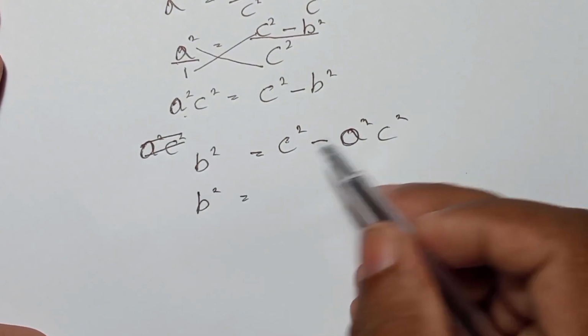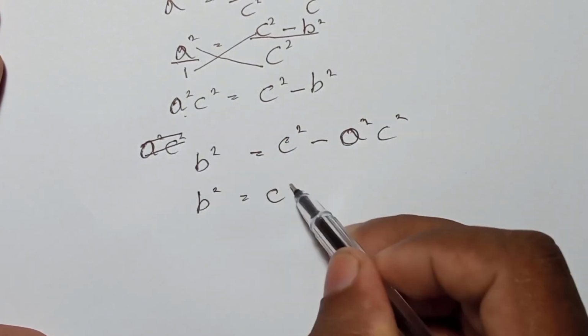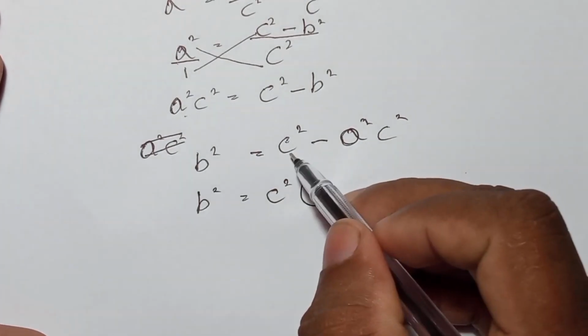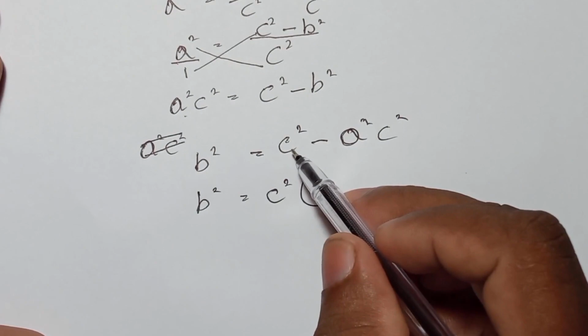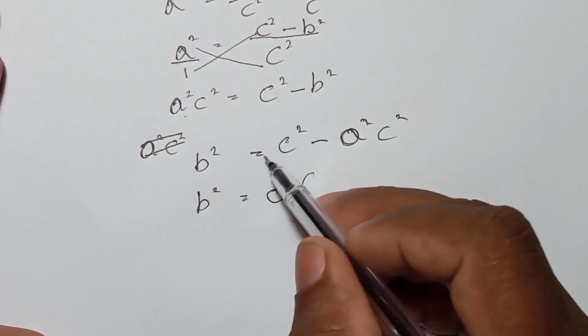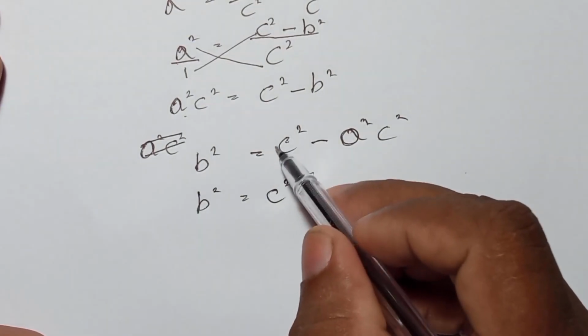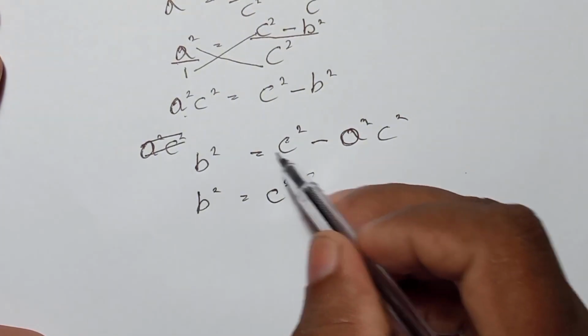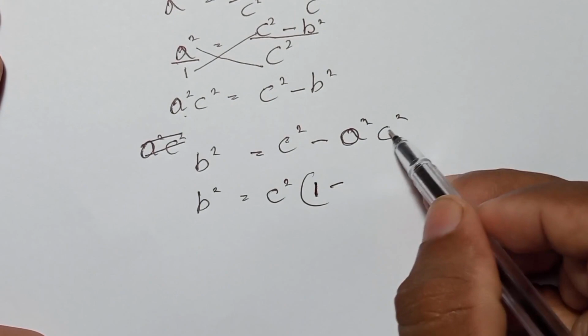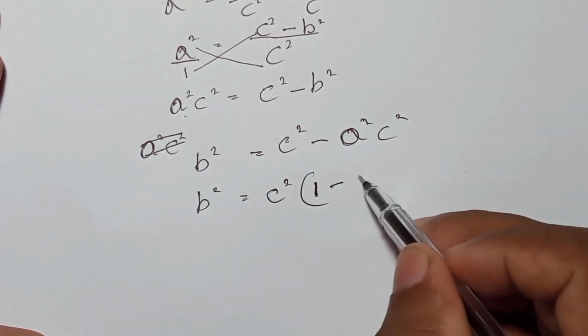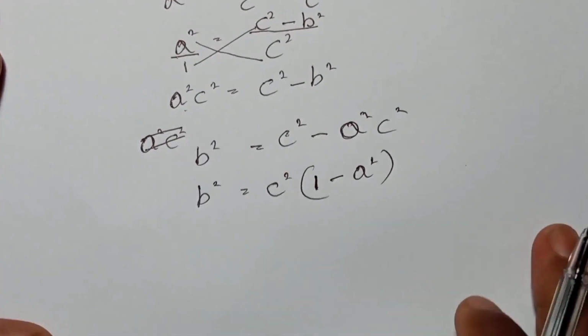What I am doing here is factorizing, getting C square outside. Then what remains here? Here it is 1 into C square, you can think like that. The coefficient in front of C square is 1. So if you take C square outside, the remainder is 1. Then minus, if you take C square from here, it will be A square, right?